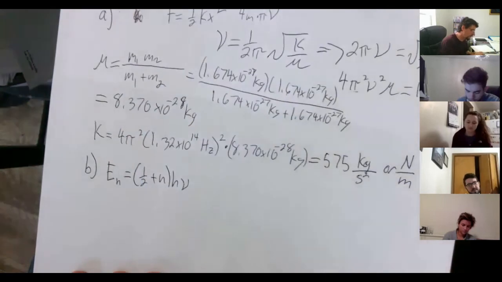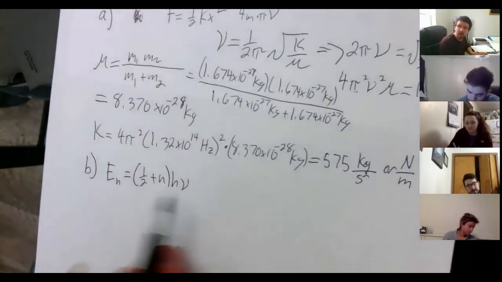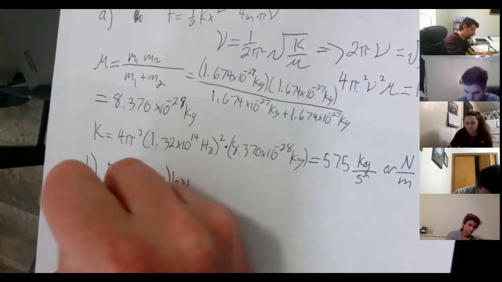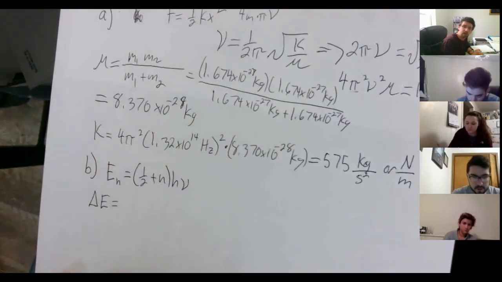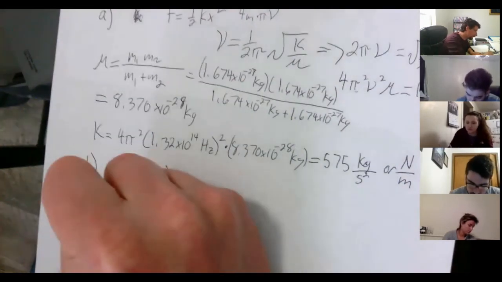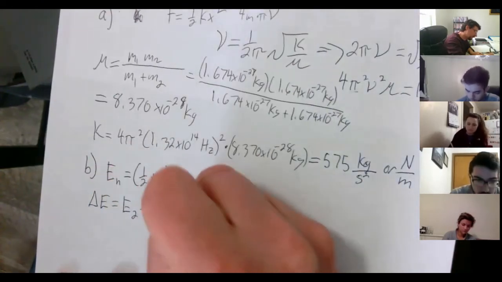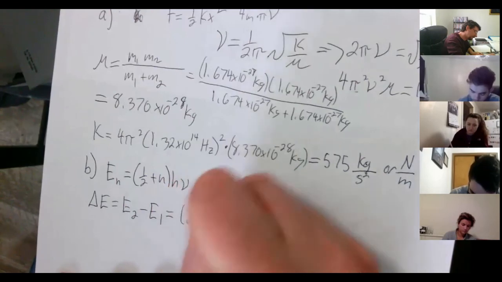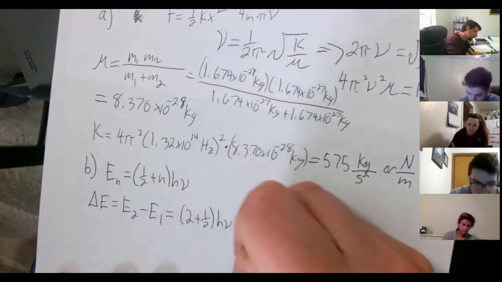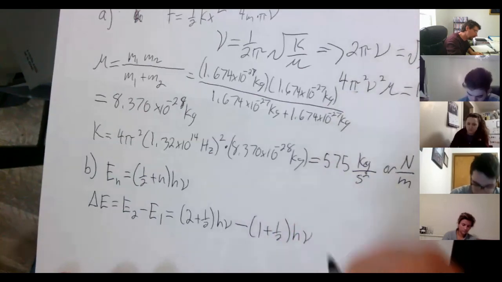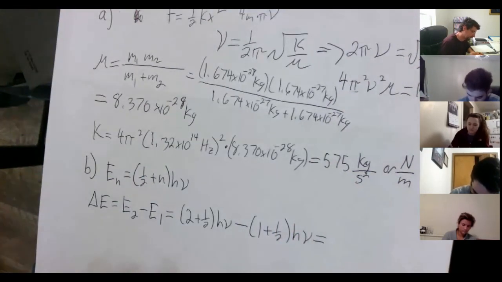Yep. There we go. So now if we're looking at a difference between these two, what energy levels are we looking for? 1 and 2. Yep. So E sub 2 minus E sub 1. So we got 2 plus 1/2 HV minus 1 plus 1/2 HV. What's that going to be?